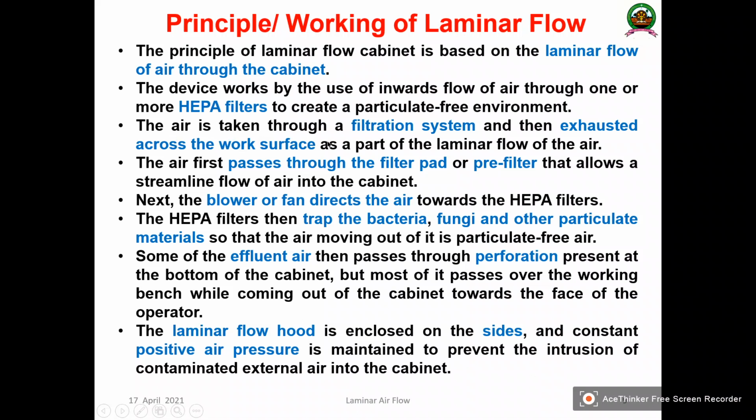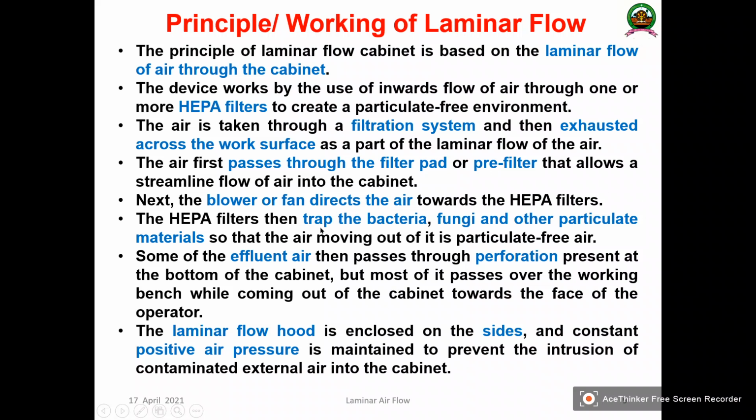The air is taken through the filter system and then exhausted across the work surface as part of the laminar flow of air. The air first passes through the filter pad or pre-filter, which allows a streamlined flow of air into the cabinet. Next, the blower or fan directs the air towards the HEPA filter.